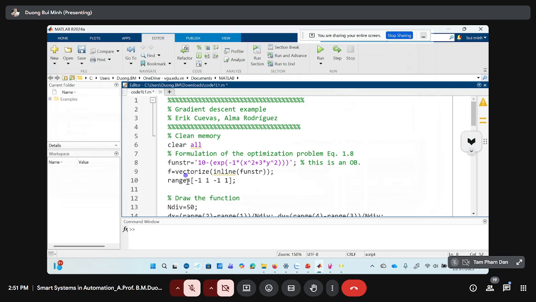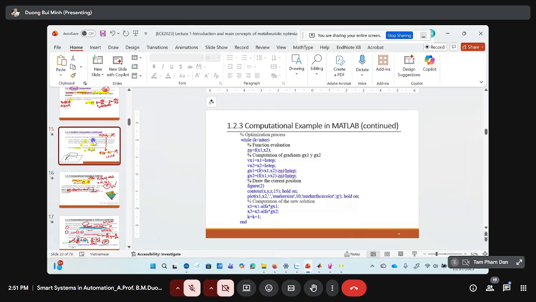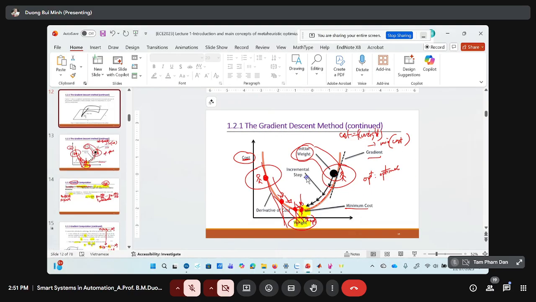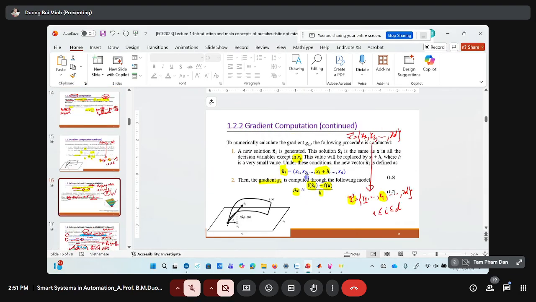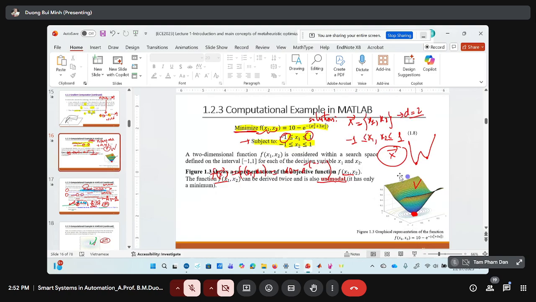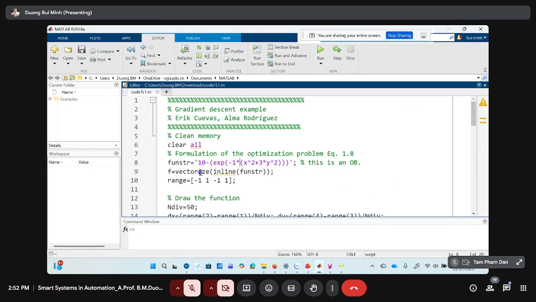We use this format to set up the objective function so that MATLAB understands it: 10 minus e to the power of minus 1 times x to the power of 2 plus 3 times y to the power of 2. Yes, we should use this format.